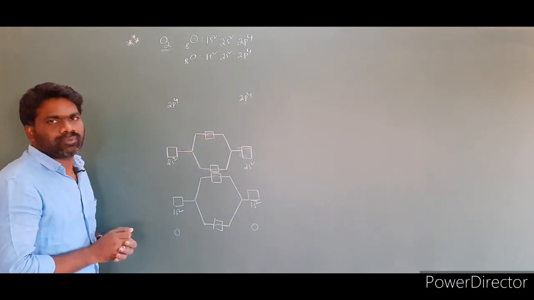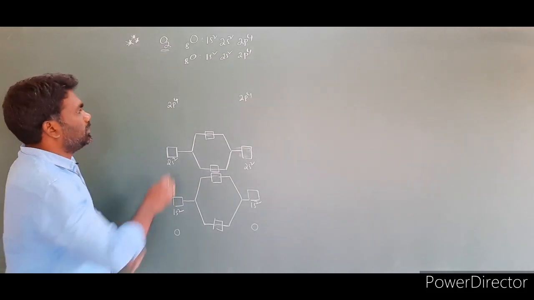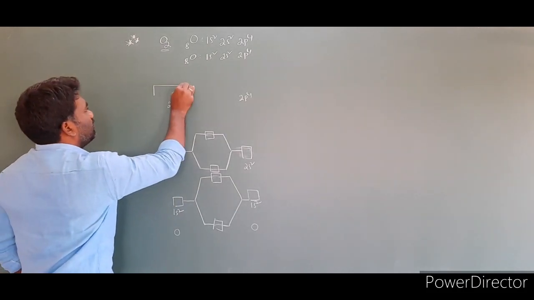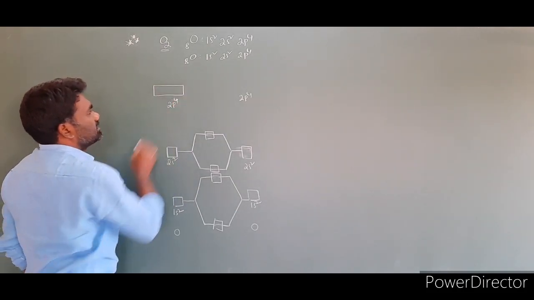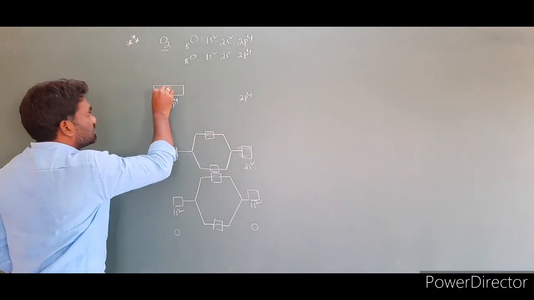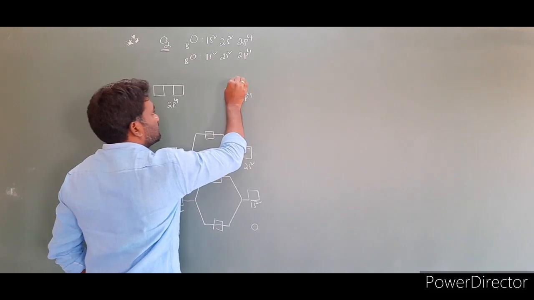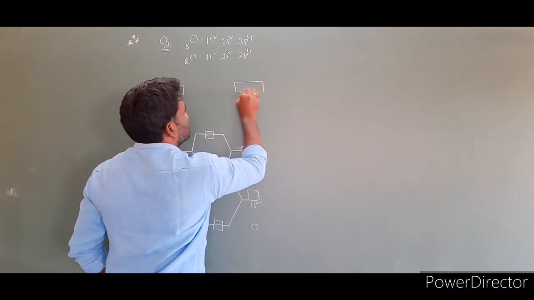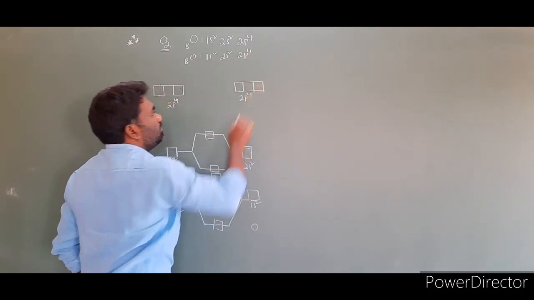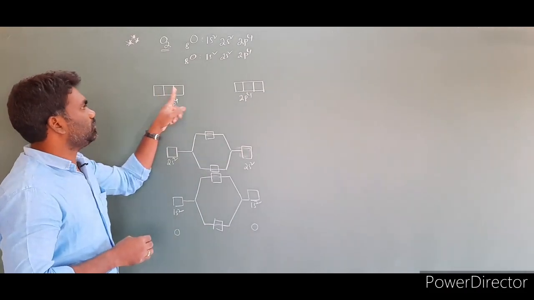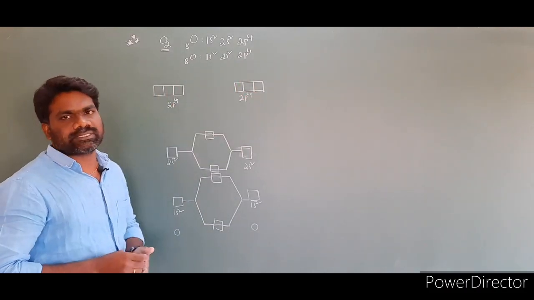I got 2. Then coming to the 2p, the number of boxes in 2p is only 3: px, py, pz. For this case also, the 2p case, px, py, pz. So 1, 2, 3, 4, 5, 6, total 6 are combining.